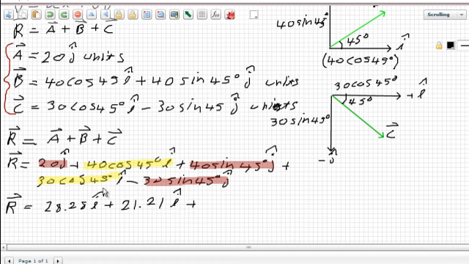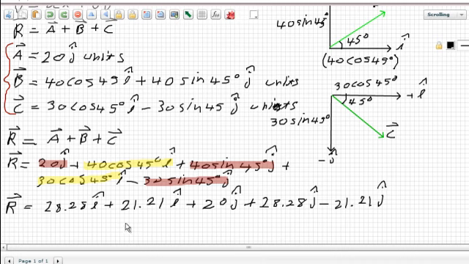So the 20j, we don't need to do anything to it because it's already in form, plus 40 sine 45 gives us 28.28 j, minus the last one, which is 30 sine 45, which is going to give us minus 21.21 j.